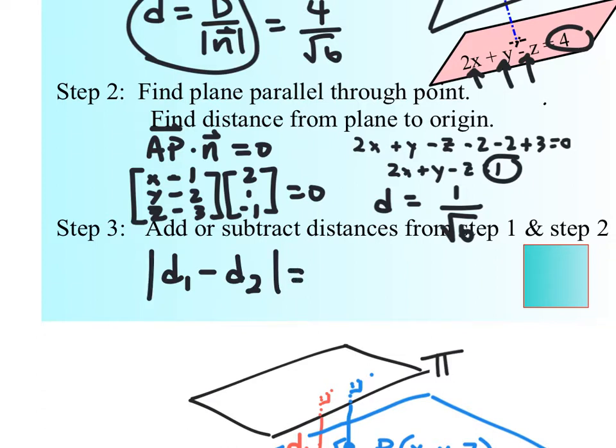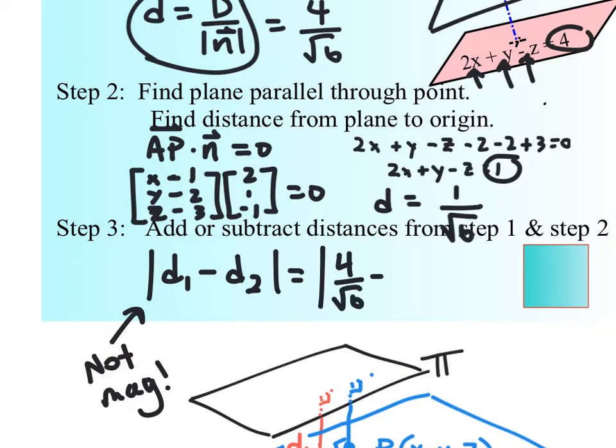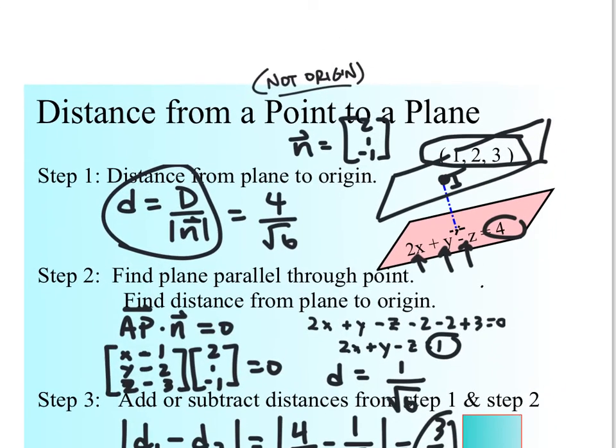This is not magnitude. Lots of details here. So I'm going to take 4 over root 6 minus 1 over root 6. And it looks like the distance is going to be 3 over root 6. So the distance from point (1, 2, 3) to this plane is 3 over root 6.